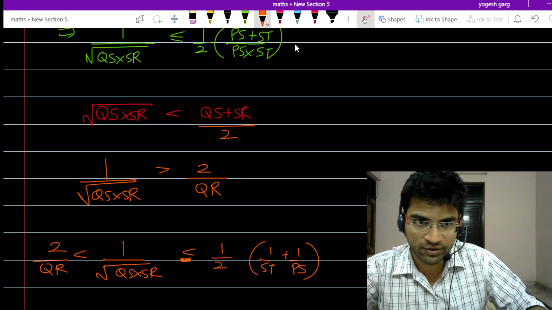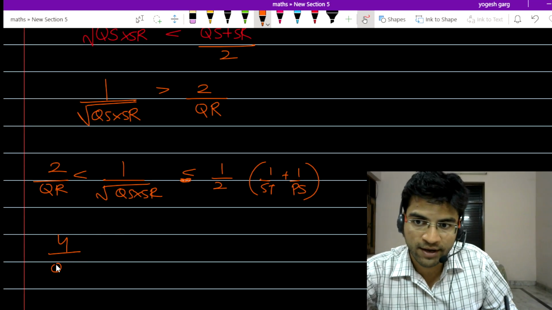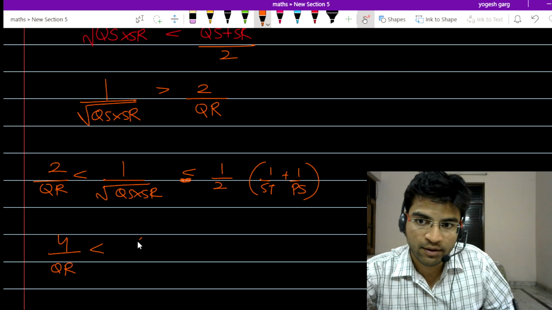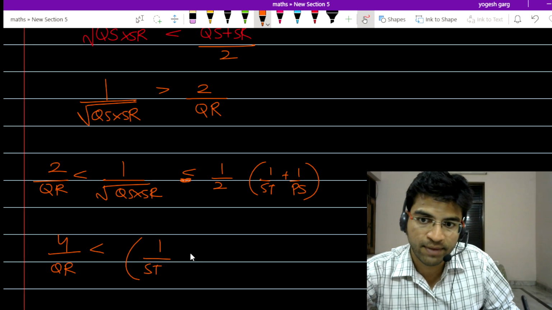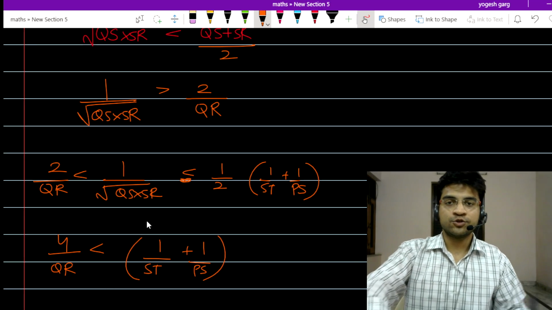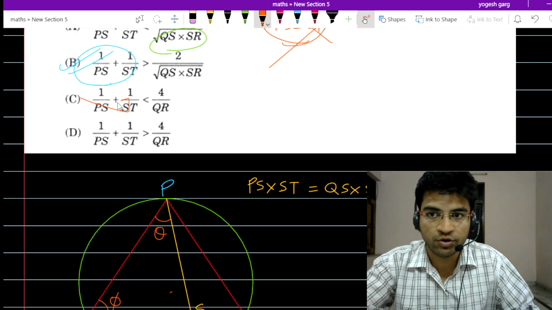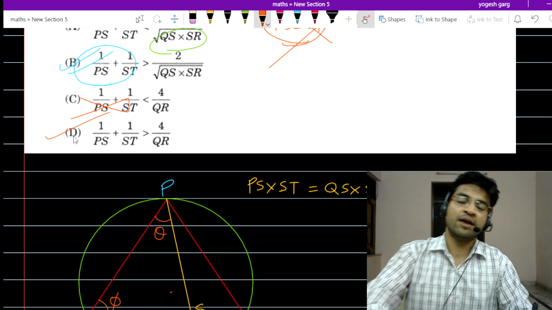Shift 2 over to the other side. So 4 by QR is less than 1 by ST plus 1 by PS. So 4 by QR is also less than this. So this is the correct option.